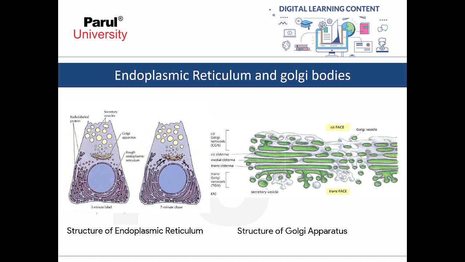During their subsequent transport from ER to Golgi apparatus and from Golgi apparatus to cell surface and elsewhere, these proteins are successively modified as they pass through a series of compartments.